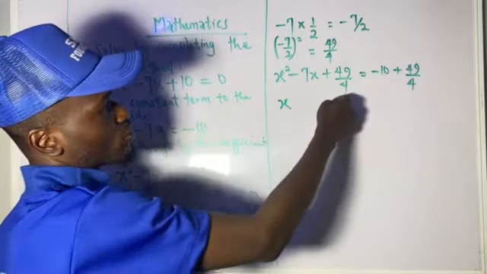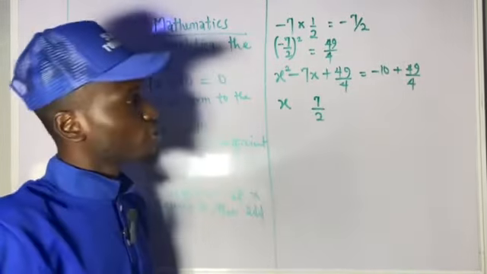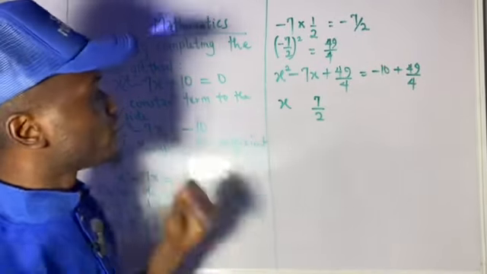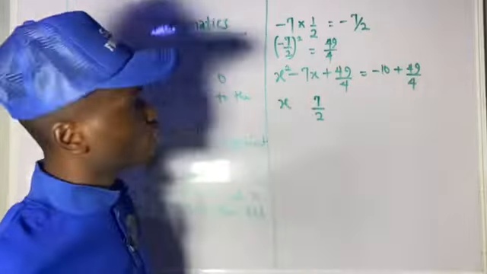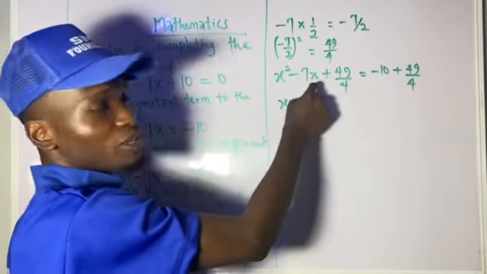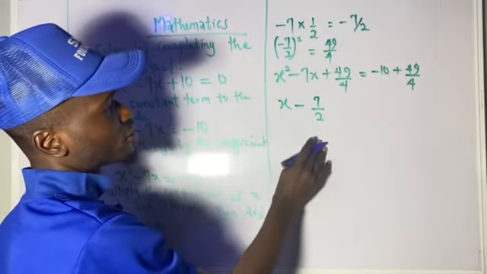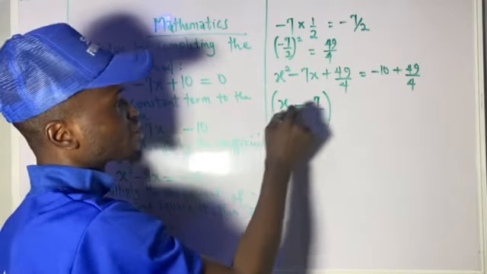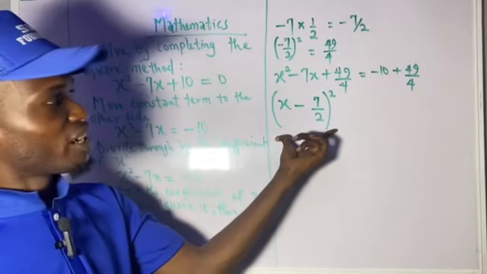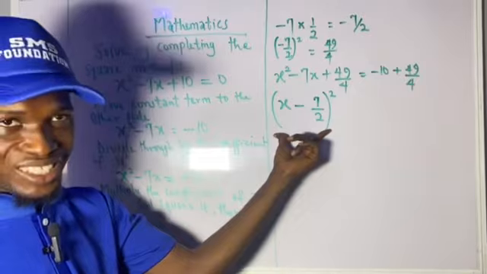Take the square root of the last term, that will be 7 over 2, because the square root of 49 is 7 and the square root of 4 is 2. Then there will be a sign in between them, which must always be the sign beside the second term, and the sign here is minus. Then we put this in brackets and square it. If you expand this expression, you must get this, because this is a perfect square.